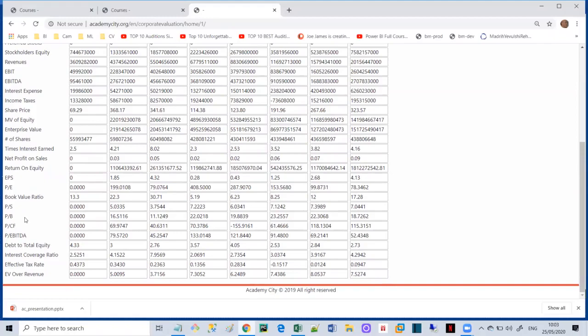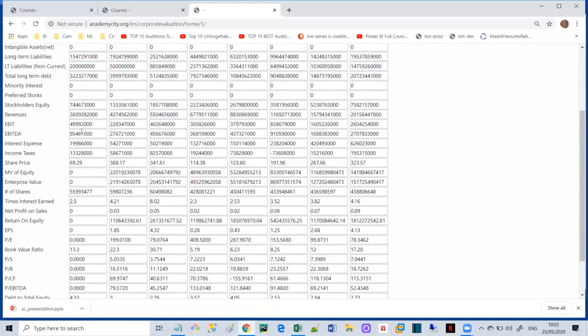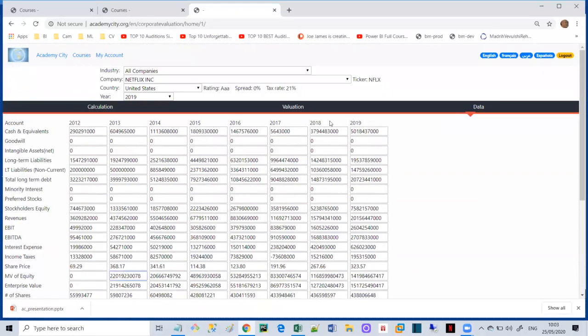If you see missing data, you can go and download the actual annual report. For example, for 2012 there's some numbers missing. You won't need it because most of the data we use is only for the last 5 years, so you don't have to fill those in.